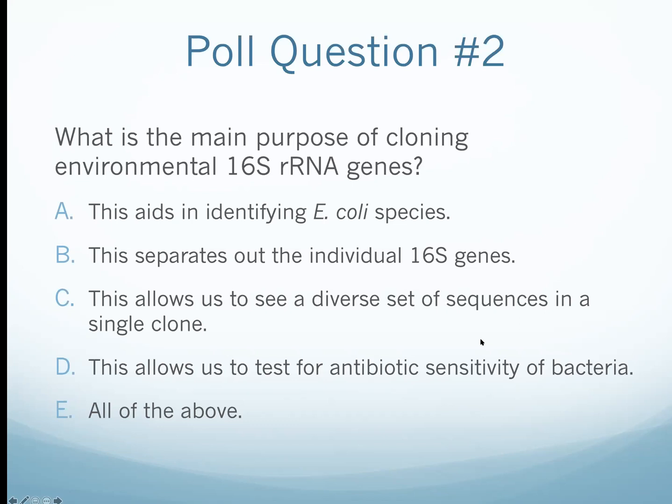Okay, so each clone of E. coli, when that colony grows on the plate, and then usually you pick it off the plate and grow it up in liquid broth, everything in that tube should have the one copy of the 16S gene. Then you can do what we call a plasmid prep, or you can PCR it again and send that for the sequencing. And everything should have the same sequence of the 16S gene that was in there.